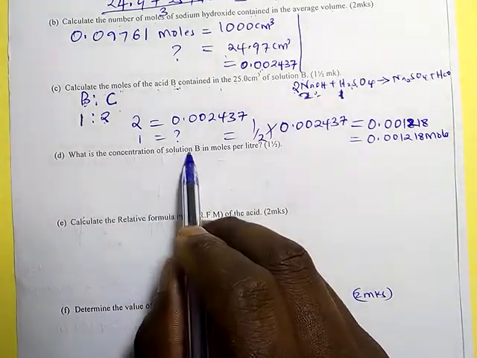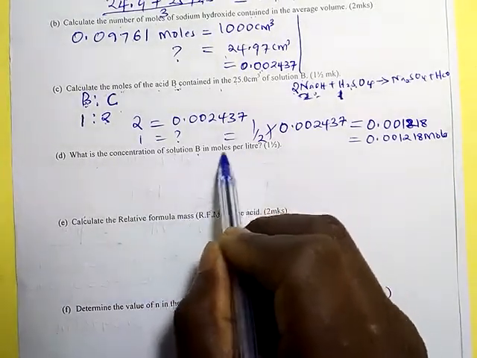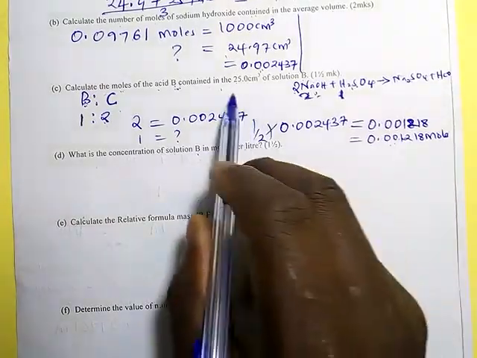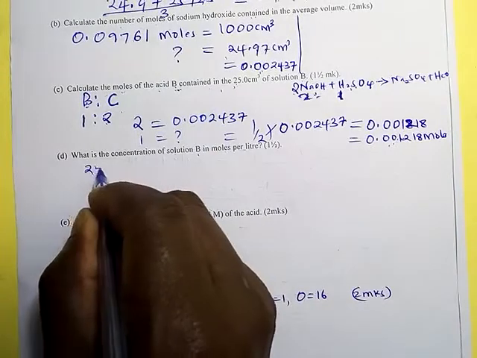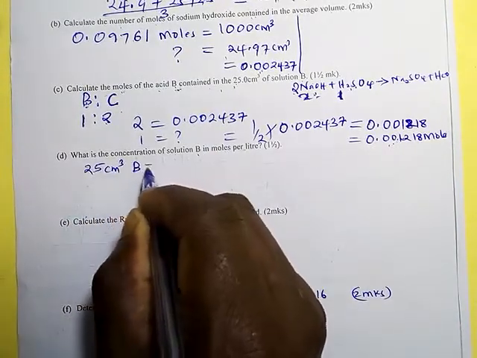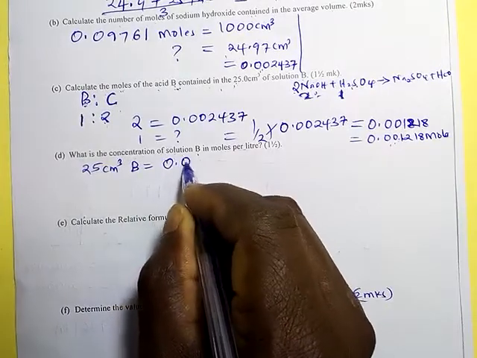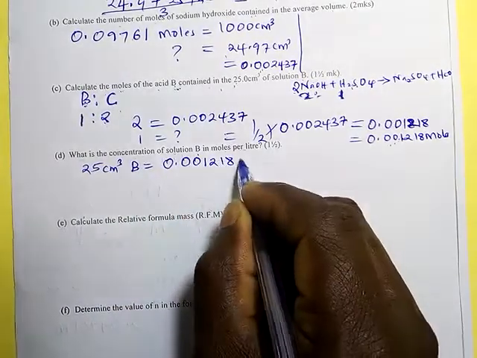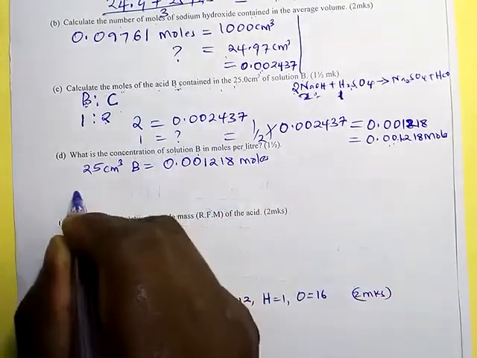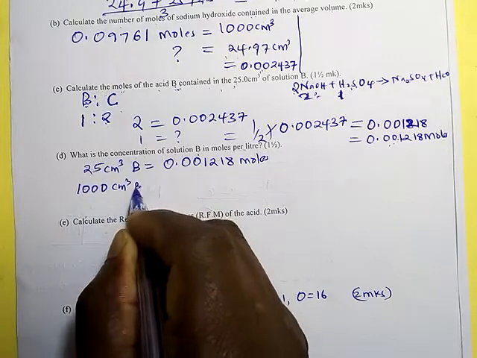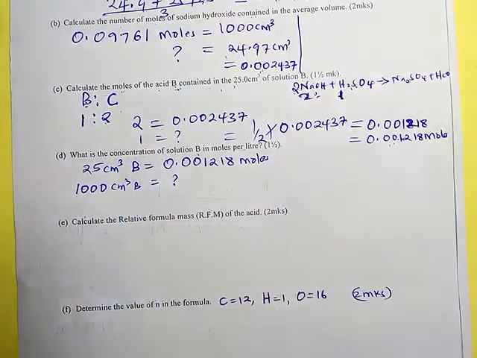What is the concentration of B in moles per liter? So we know this is the number of moles in 25 centimeters cube of B, equal to 0.001218 moles. 1000, which is a liter, will contain how many?